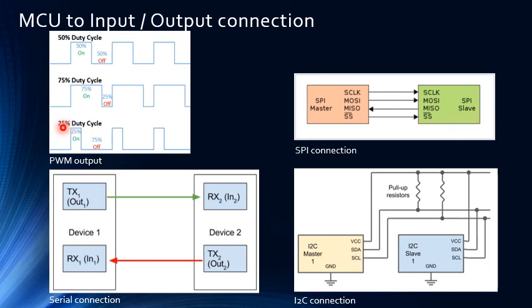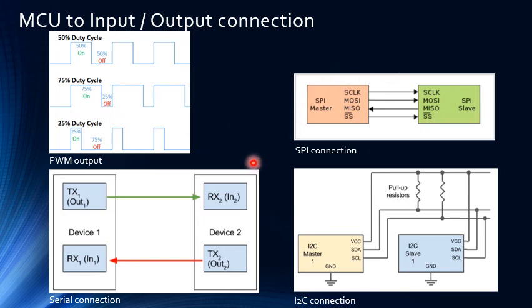If you apply a 0% duty cycle, all of the period will be off because the on time is 0%, then the lamp will be totally dark. If you apply a 100% duty cycle, during the period it's always on, then the lamp will get maximal brightness. That's for the PWM output.